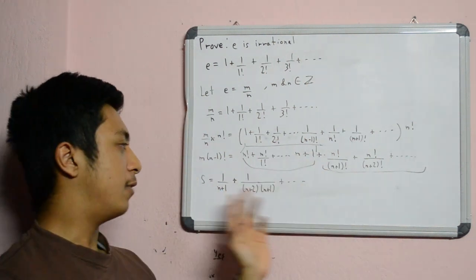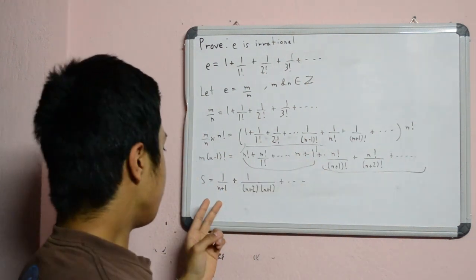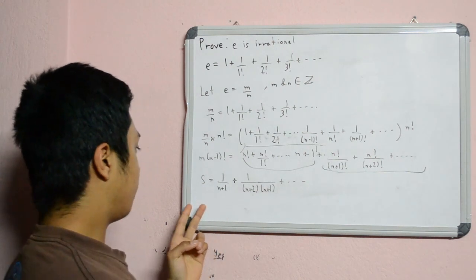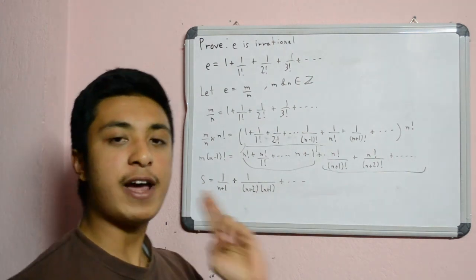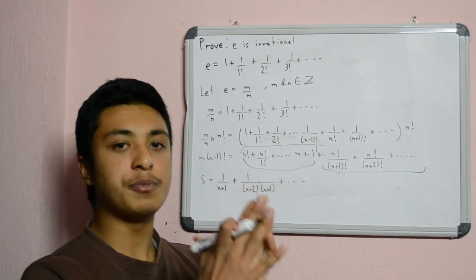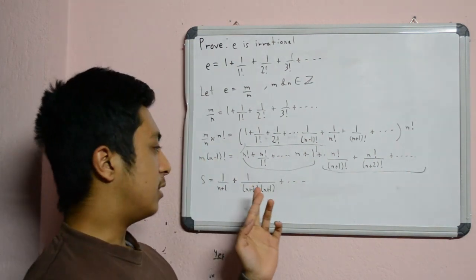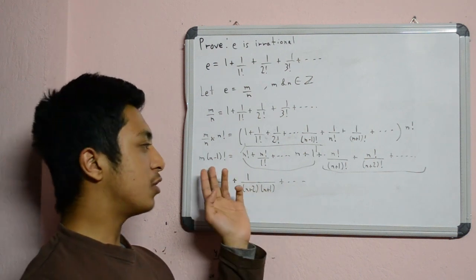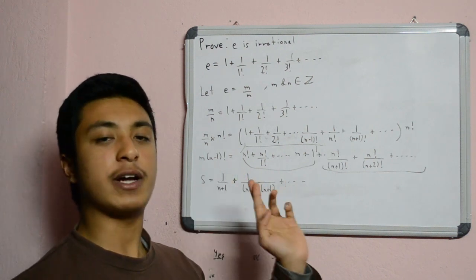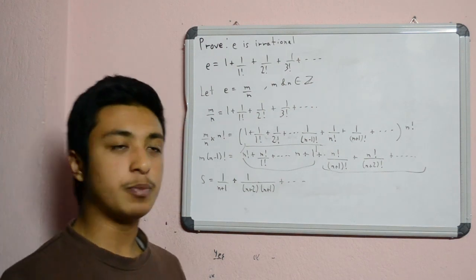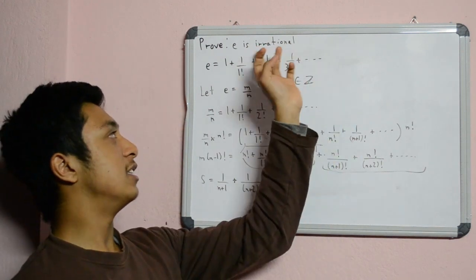So we'll basically have some fractional values. And here we want this sum to altogether add up to a fractional value. That will prove we have an integer equals an integer plus a fractional value, which is just impossible. Hence, we'll get that e is irrational.